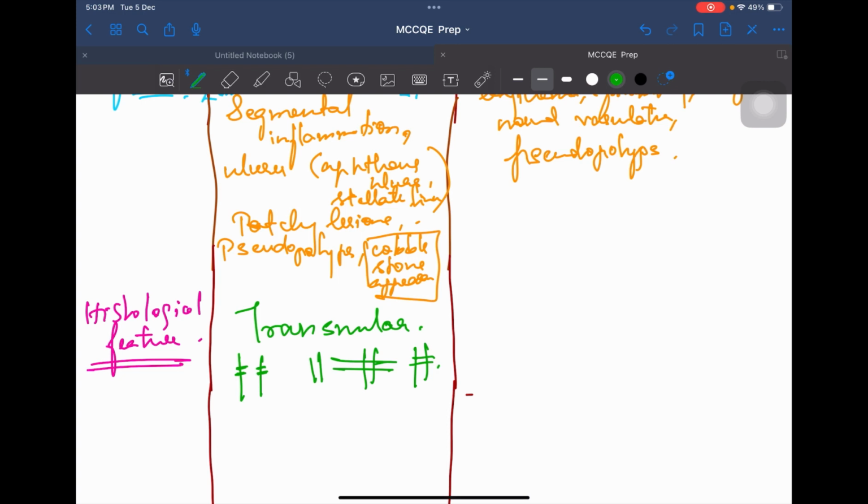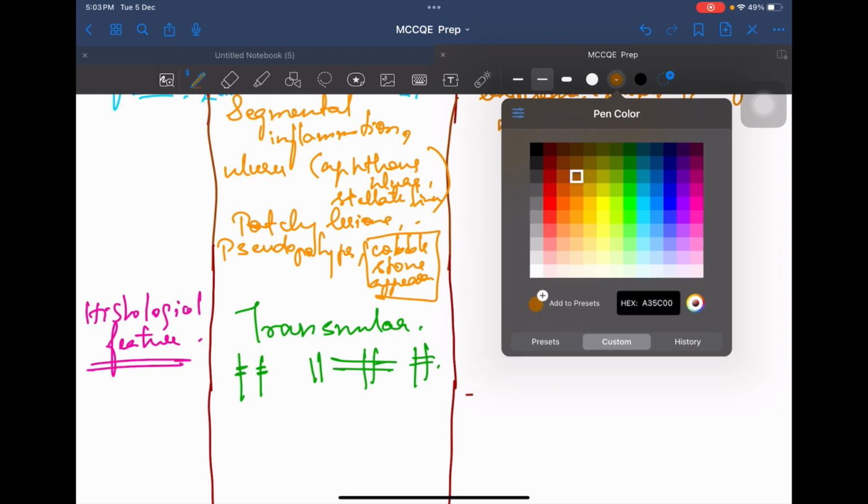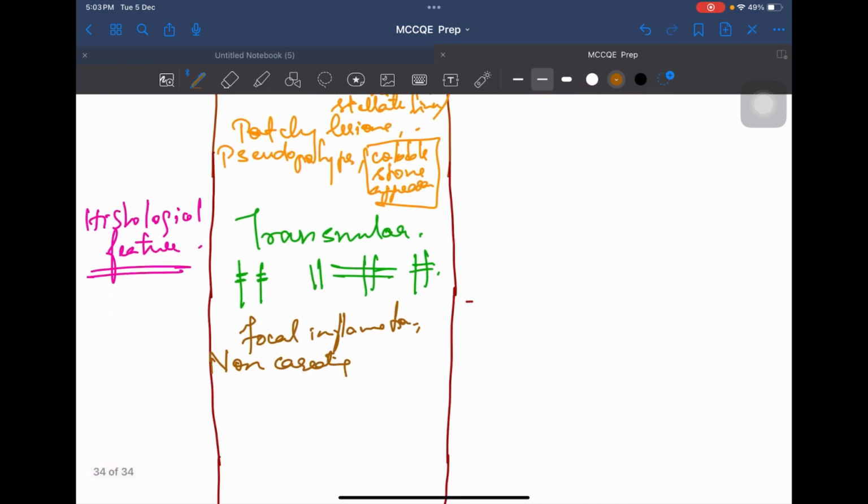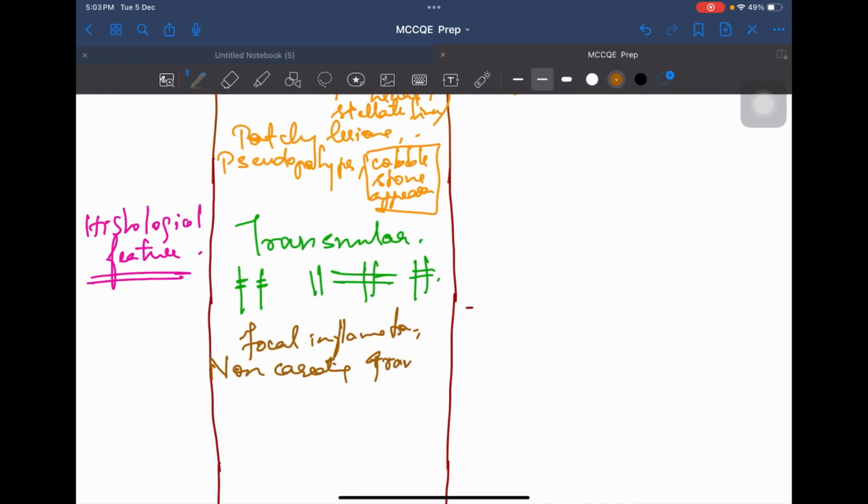Then there will be focal inflammations too. Okay, so there will be skip lesions, focal inflammations, non-caseating granulomas, and deep fissuring, because it involves the whole of the wall.